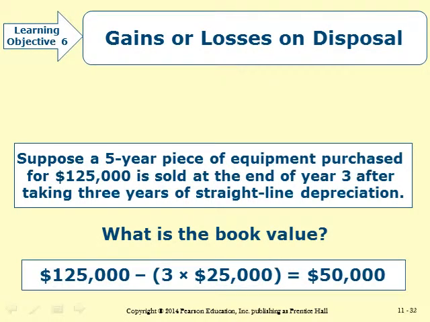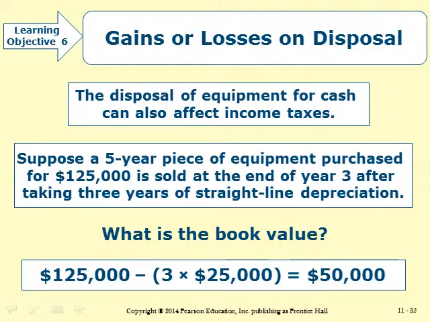So the disposal of equipment for cash can also affect income taxes. Suppose Toyota sells its $125,000 machine at the end of year 3 after taking 3 years of straight-line depreciation. It's a 5-year piece of equipment purchased for $125,000.